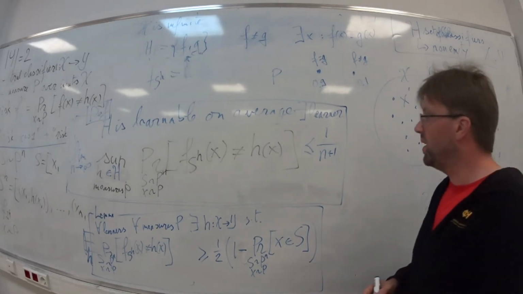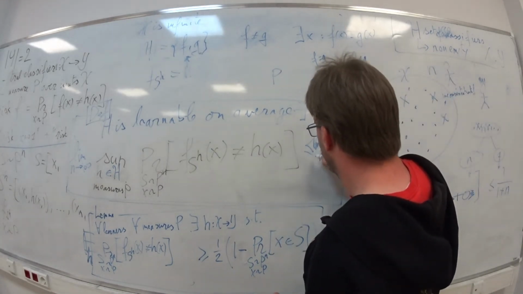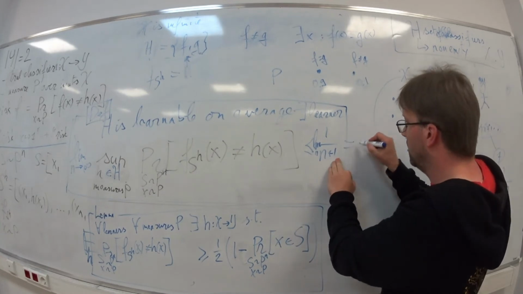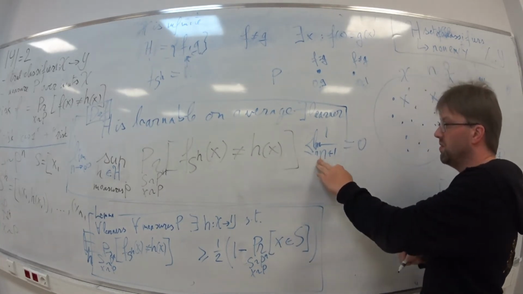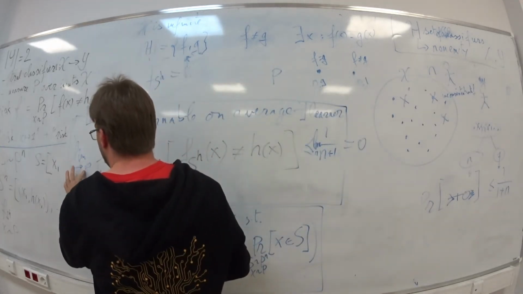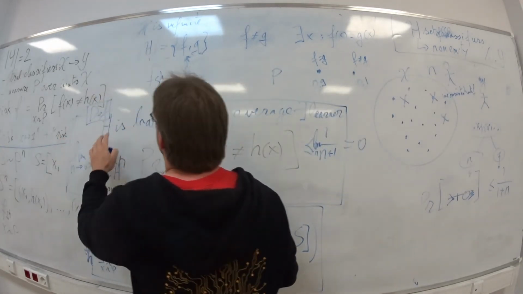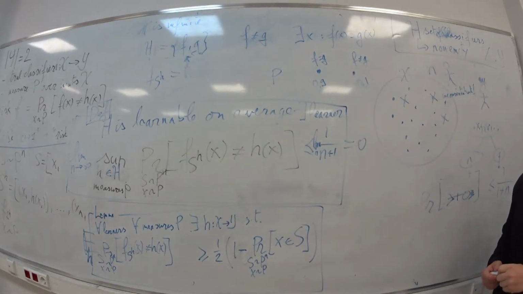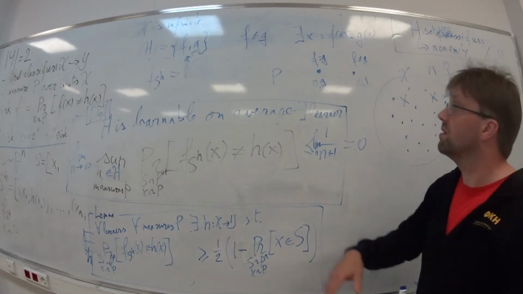When we place the limit back, as n goes to plus infinity, this becomes 0. So when we put the limit back, we see that this class is learnable on average. Okay, so that's our small lemma.